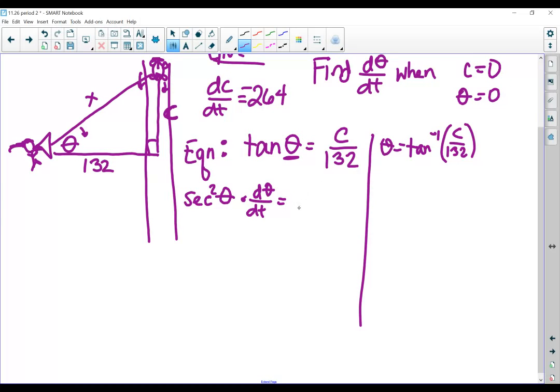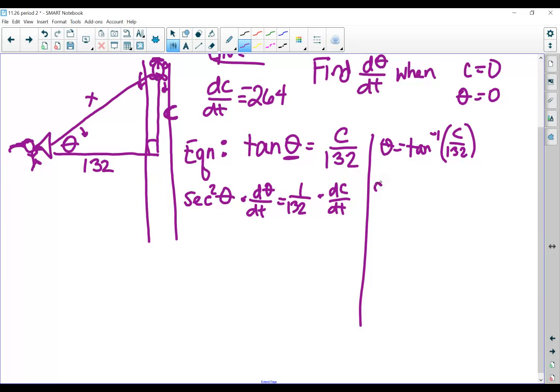Now the right side is kind of nice because we have c over 132. You can use low d high here, but dividing by 132 is the same as multiplying by the reciprocal. That's just a constant multiple, guys. So I'm going to pull the 1 over 132 off, and then the derivative of c is dc dt. And that would be the equation that relates the rates together.